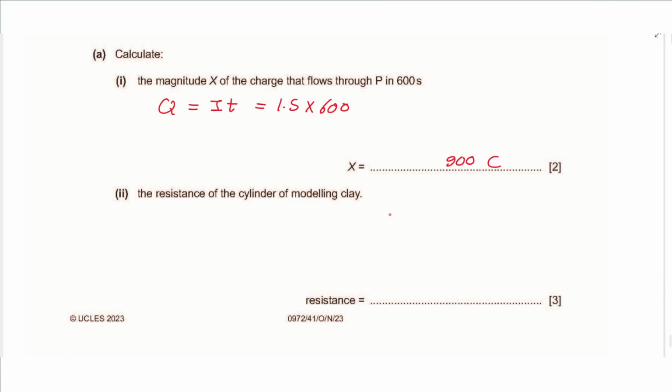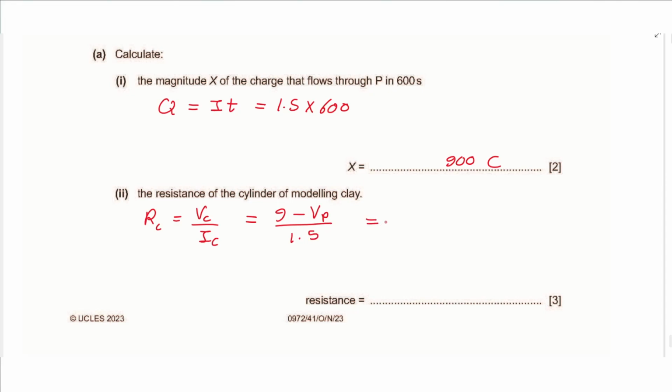And part (ii) says find the resistance of the cylinder of modeling clay. So to get the resistance of the cylinder, we need the voltage across the cylinder and the current in the cylinder. So the voltage across the cylinder is equal to the battery voltage minus the voltage across the resistor P. And we have the same current, which is 1.5.